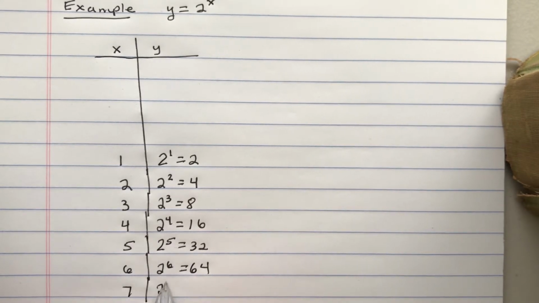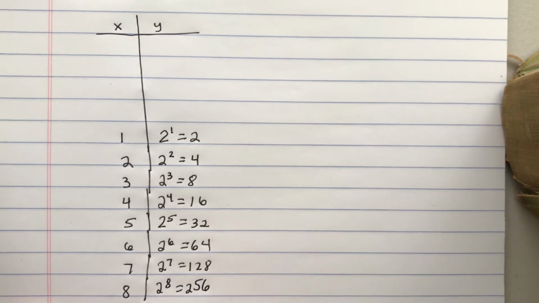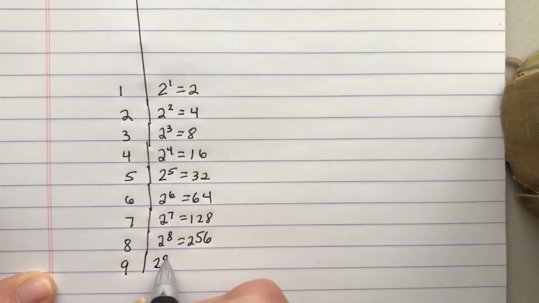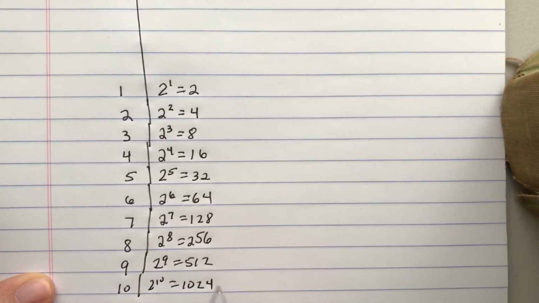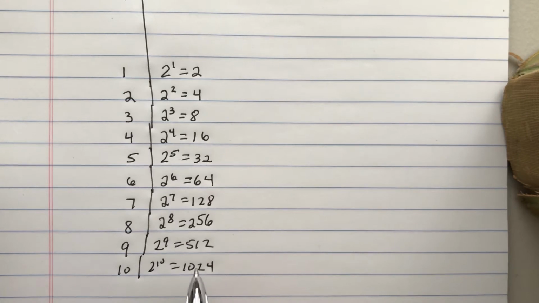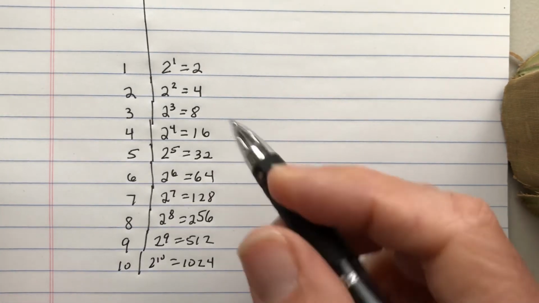Even though I won't be able to sketch these on a graph, a little bit overkill, maybe. So why not memorize these? This is a good one to know, is that 2 to the 10th power is around 1,000, 1,024, if you're trying to make calculations in your head.